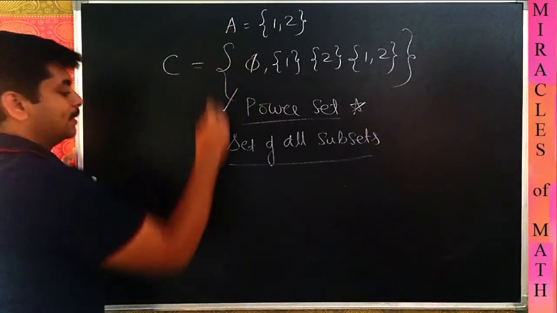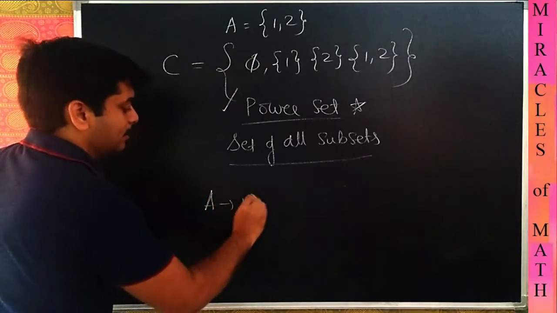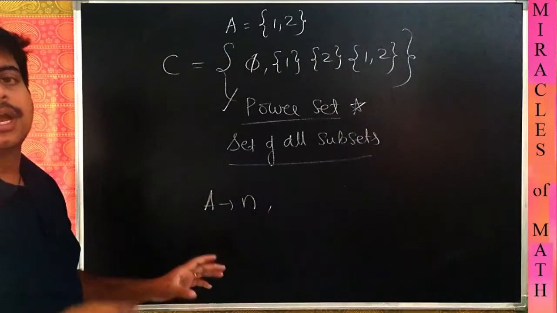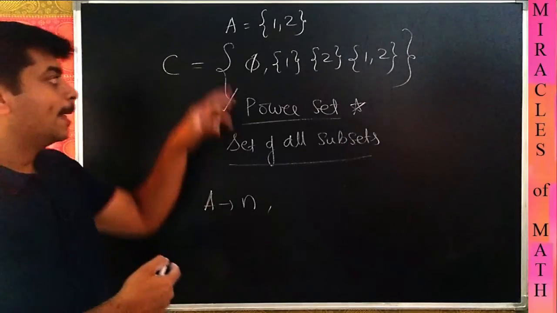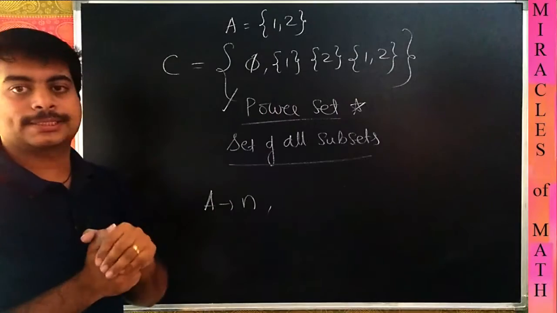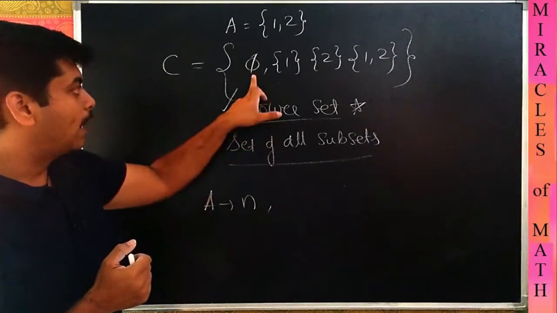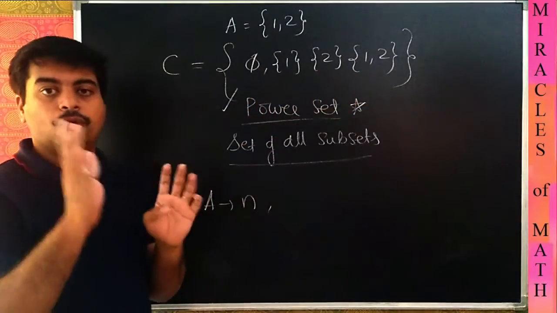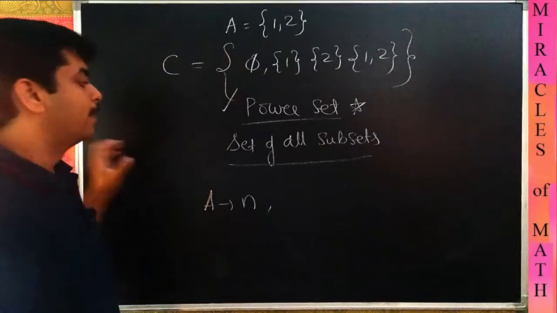If the set A has n elements, how many elements does the power set have? 1, 2, 3, 4. So 4 elements are available in the power set.